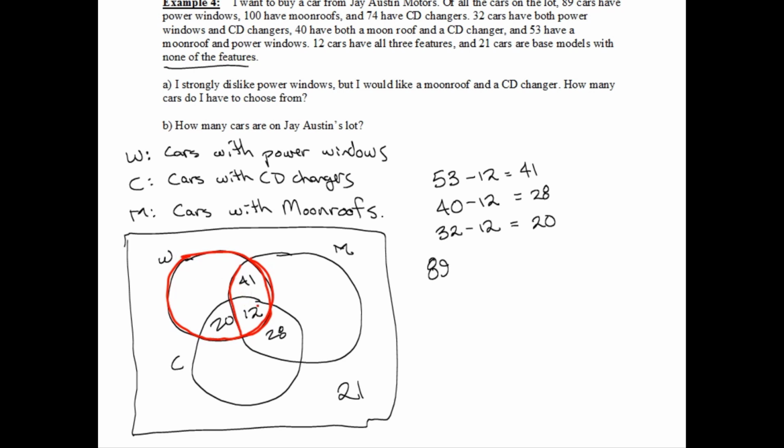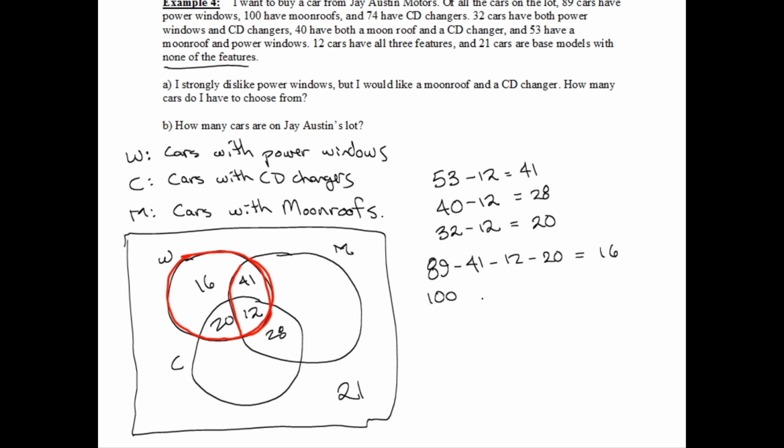But now we know the total number in the circle. 3 of the areas are filled in, so we can use subtraction to obtain the number that's missing. So we take the 89, subtract the 41, minus the 12, minus the 20, and you should get 16. So that goes here.